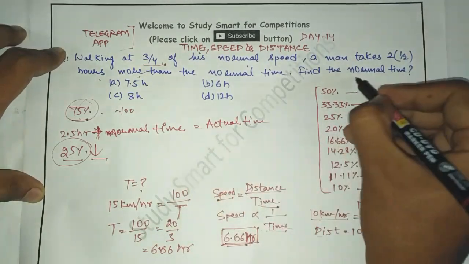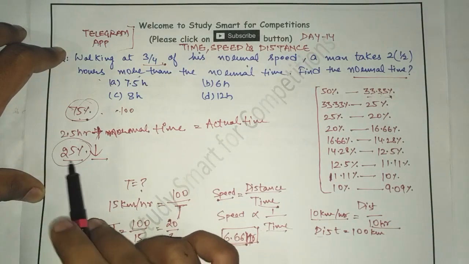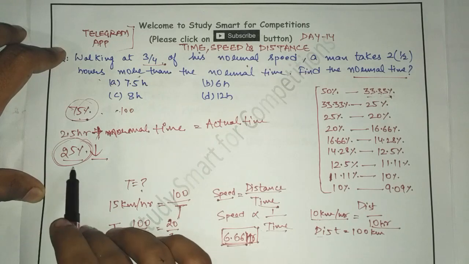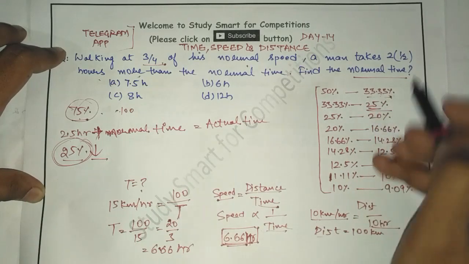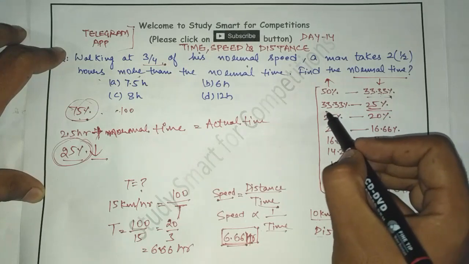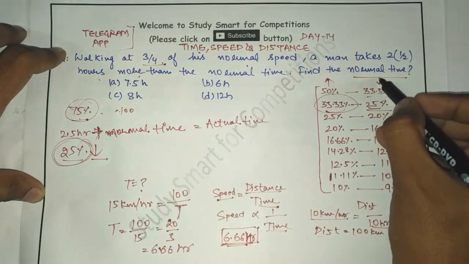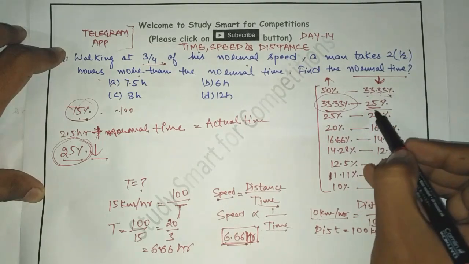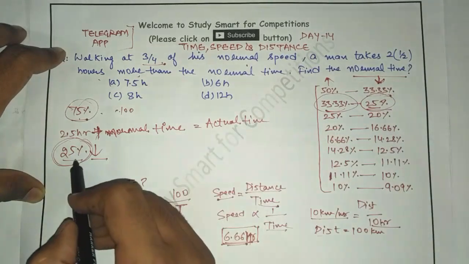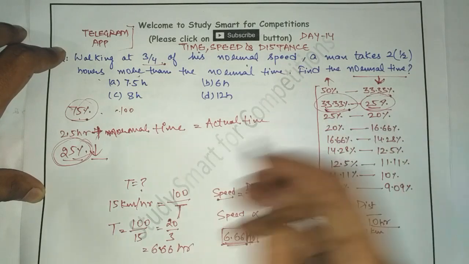Now we need to find the normal time. You know that if your speed is decreasing by 25%, your time must have increased by 33.33%.